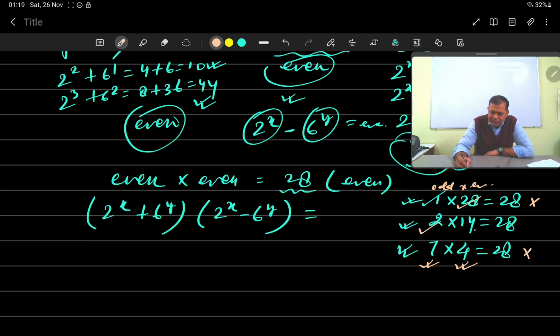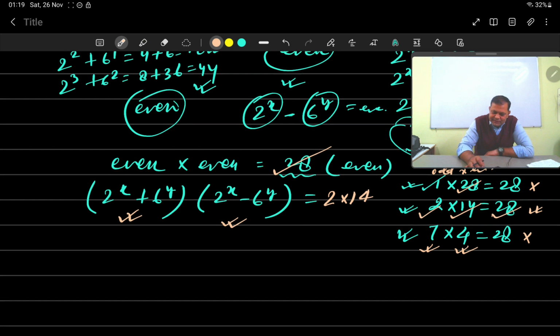But this is even 2, and this is even 14, and this is even 28. So this is a good factor pair to fulfill the condition of these two factors. So in place of 28, you can write 2 multiplied by 14, right?